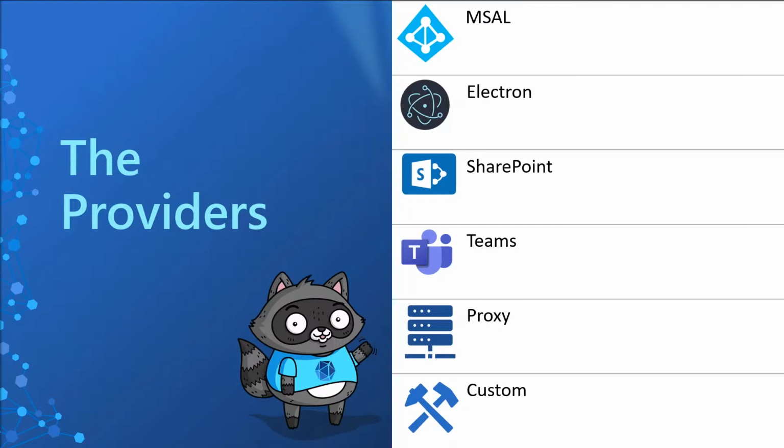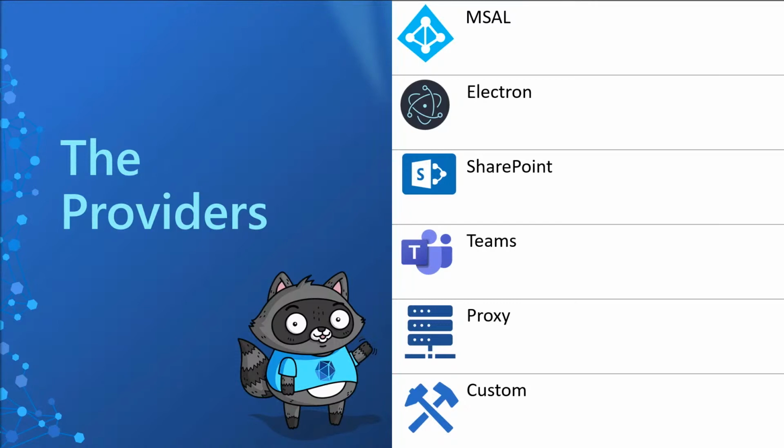But outside of building web apps using MSAL provider, you can also enable your application to be part of the SharePoint platform. For example, if you're building SharePoint web parts, or if you're building Teams platform apps such as Teams tab apps, to convert your web apps into these platforms, you can use our SharePoint authentication provider or Teams auth provider.